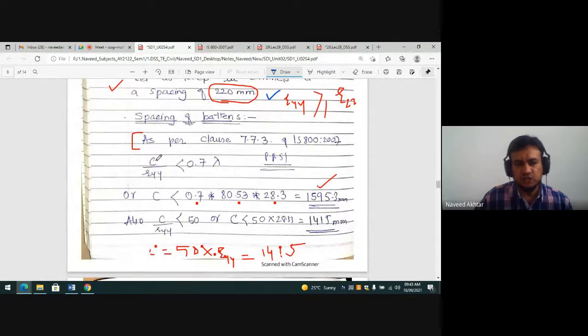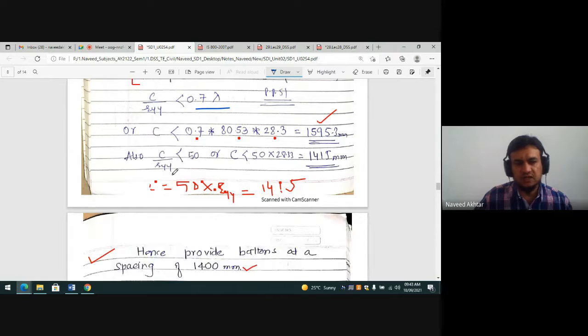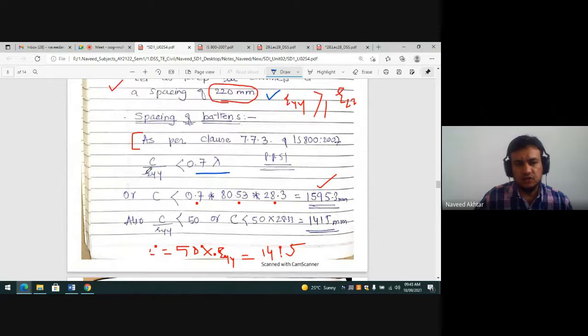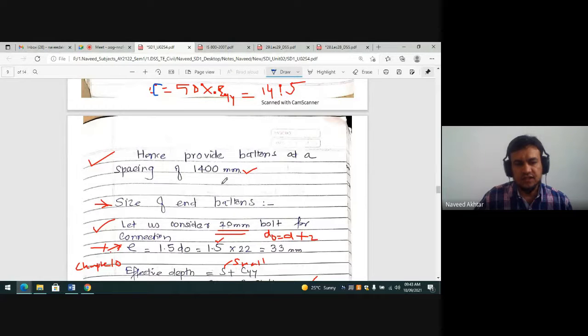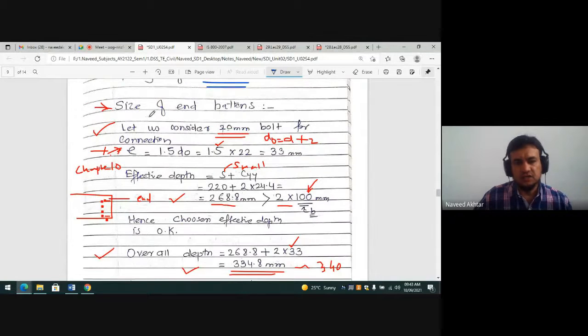Now you can know the spacing. You can know this 0.7 of lambda. You can find out this Cyy. So C you can easily find out. Hence, provide the batten and spacing. Then size of one batten you have to find out as per the step we have done.